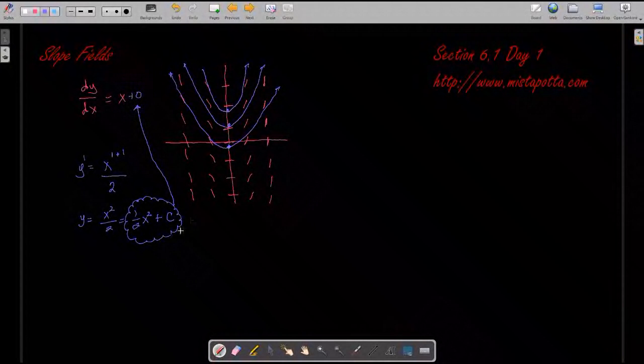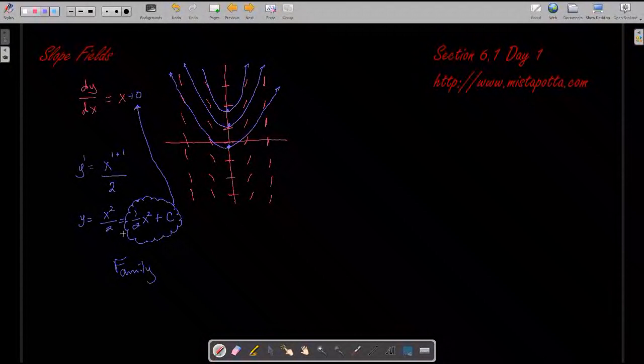So a constant is not going to contribute to the solution. So when I talk about a family of solutions, I'm talking about all of the different constant values that could go in to make sure that I can hit every single possible point that a solution could hit.